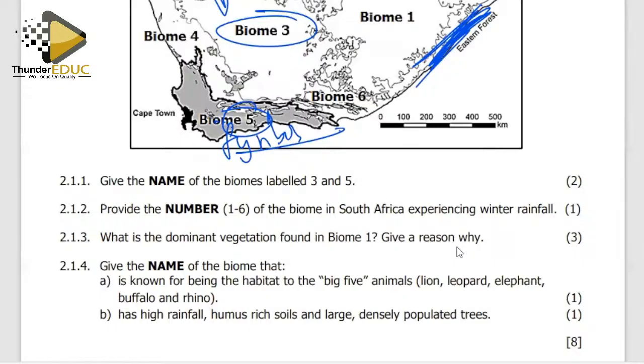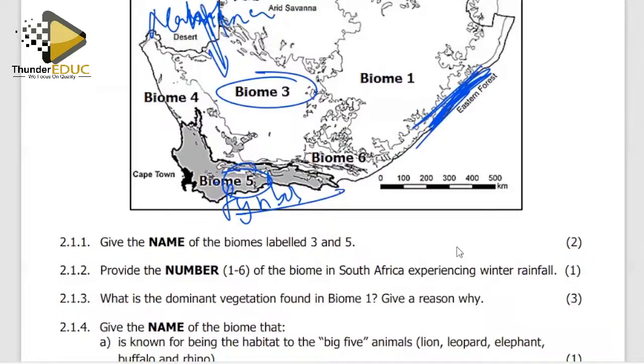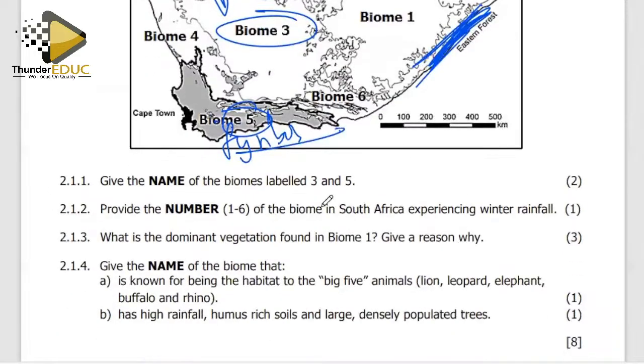Experiencing winter rainfall only, meaning that the rain is there, but it's only there in winter. It is biome number 5, which is the fynbos.